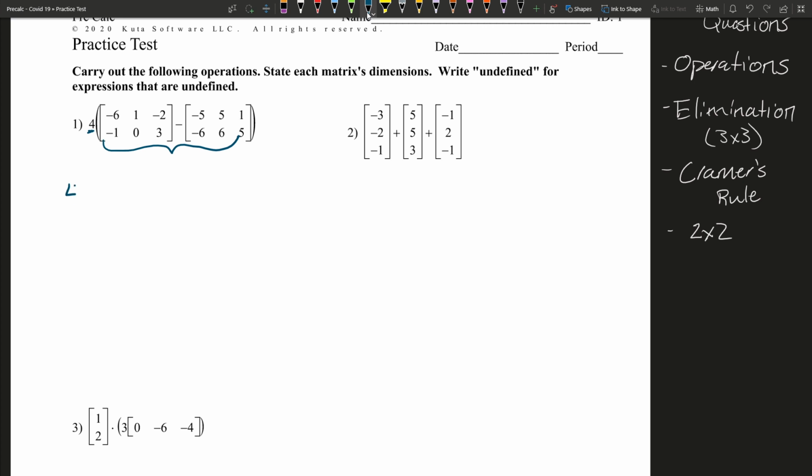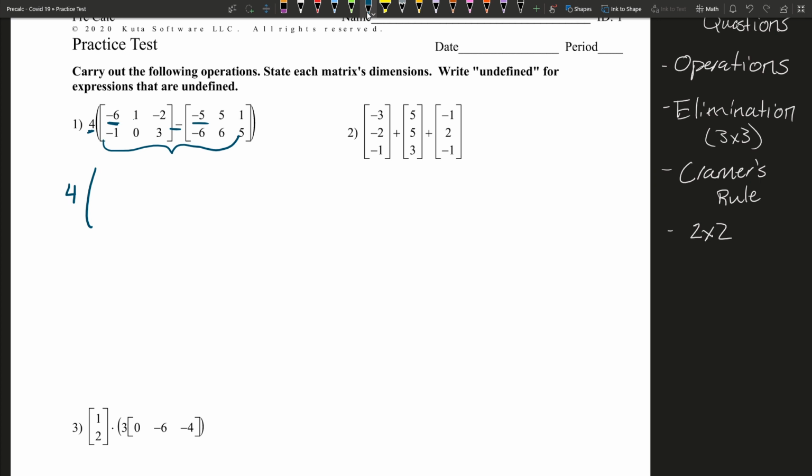So if we do that, when we're subtracting matrices, we are just subtracting corresponding terms. So -6 minus -5, 1 minus 5, -2 minus 1, and so on.